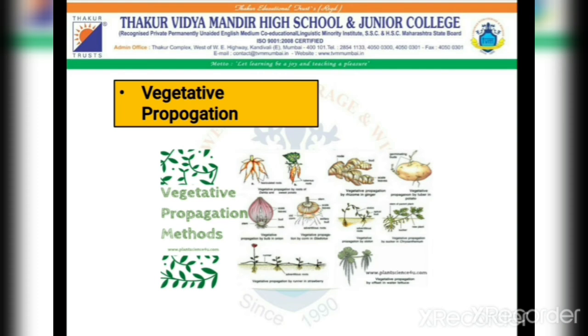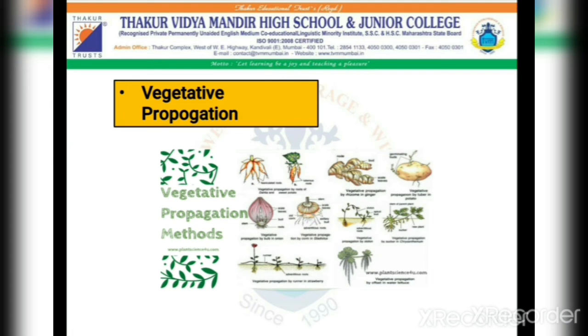When the leaves dry, from the margin of the leaves, the new plant starts to grow. That means the reproduction is carried out with the help of the leaves. So such reproduction is called vegetative propagation.